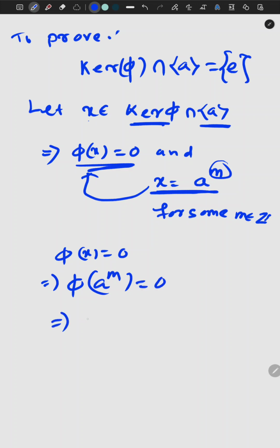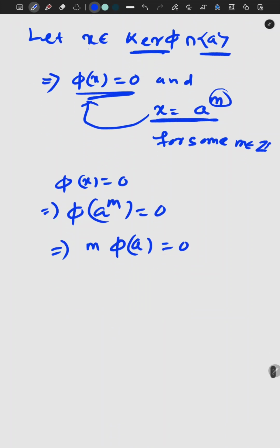This implies m times phi of a equals 0 by the definition of homomorphism, since Z is a group under addition. And phi of a is 1, so m times 1 equals 0, which is m equal to 0.